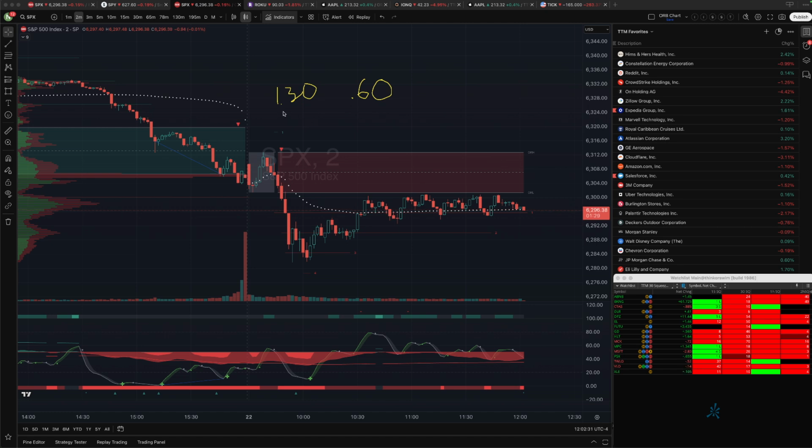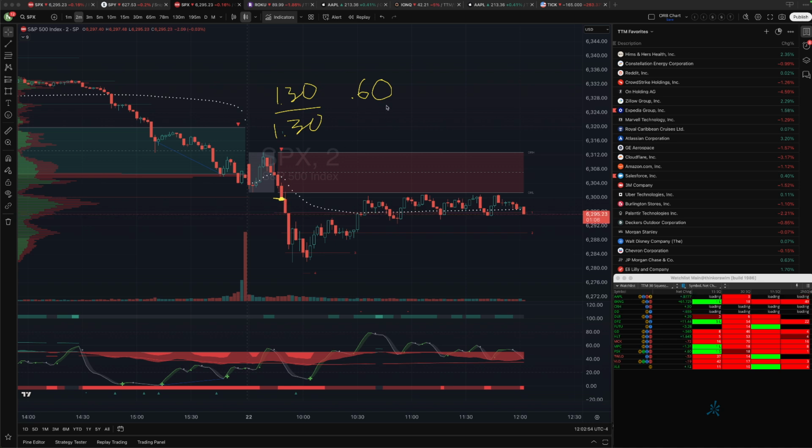What was funny is I did this in 2 accounts, so I got 130 and 130. In my large account, I didn't put an order in. In my small account, I did put in an exit order for 60 cents, right here.